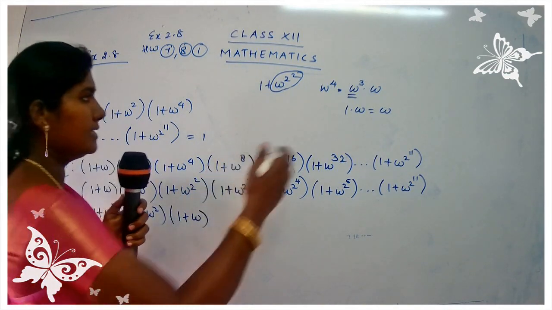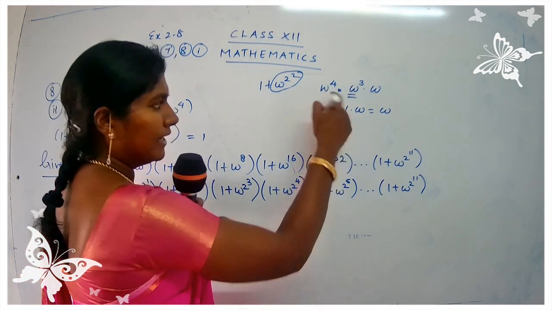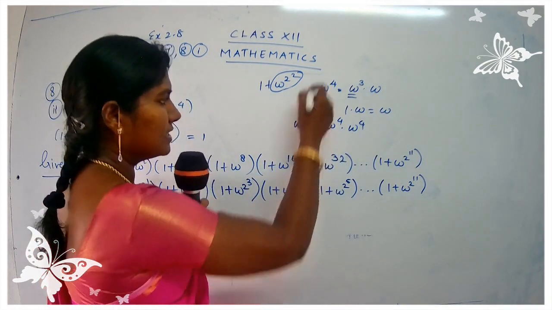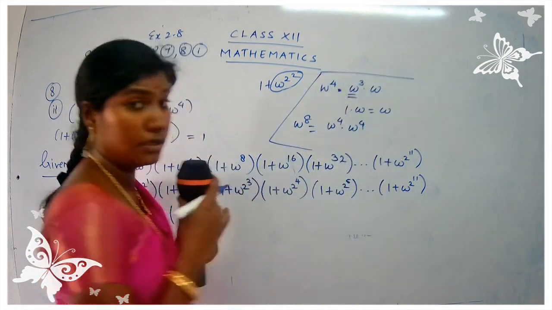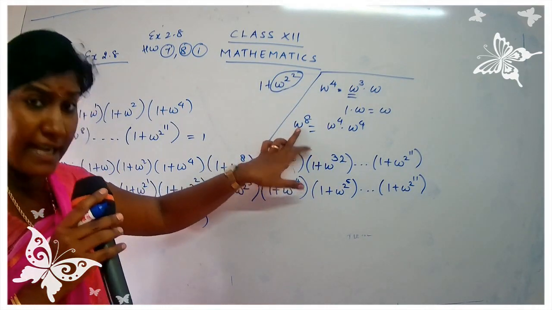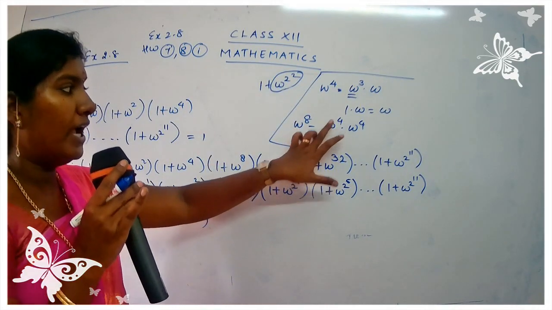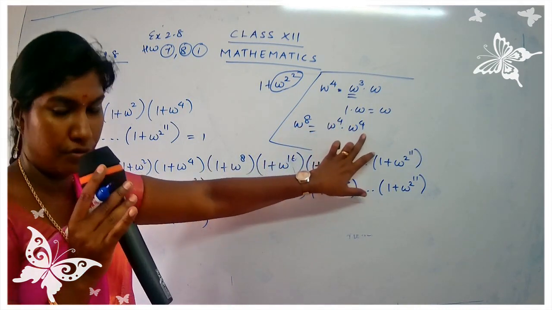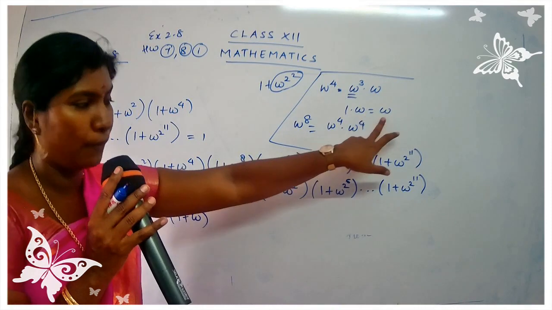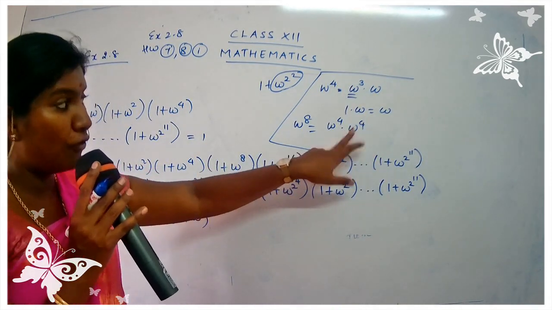Okay, first thing is, 8 can be written as omega raised to 4 into 4. Do you agree with this step? Children, you have to show this step, okay children? You have to write this in your rough part. So omega raised to 8 can be split as omega raised to 4 into omega raised to 4, okay? I know the value for omega raised to 4. What is it? Omega. What is the value for omega raised to 4?